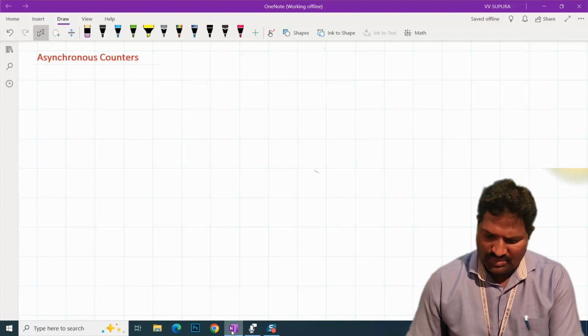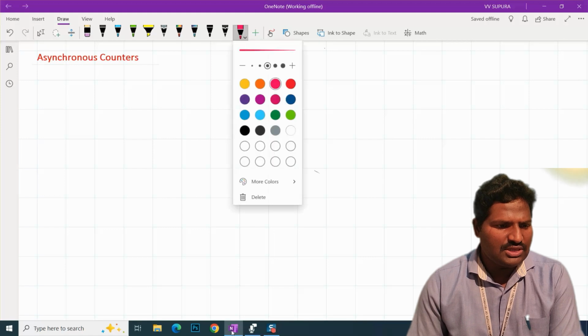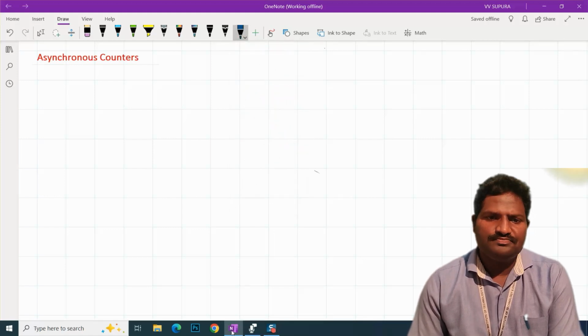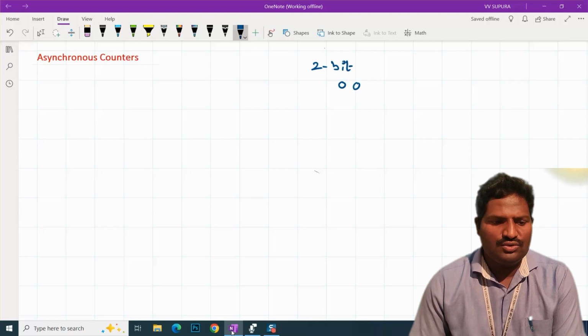Asynchronous counters. As I mentioned, a counter needs to count from 0 0. Suppose I take a 2-bit up ripple counter.